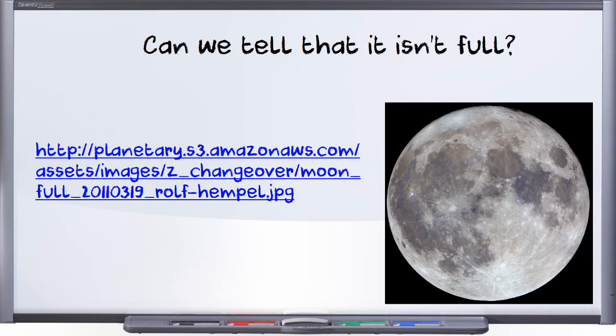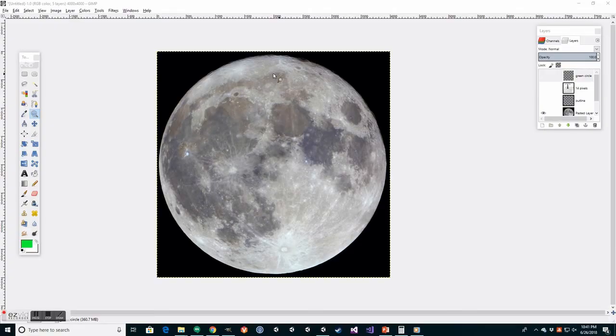I went to the Planetary Society and grabbed this high-res 4K photo of the moon, and I loaded it into GIMP. Let's take a look at it. Here's the moon. You can see right away that this part is very bright and crisp along the edges. All around here, very crisp. That streak is fuzzy here.